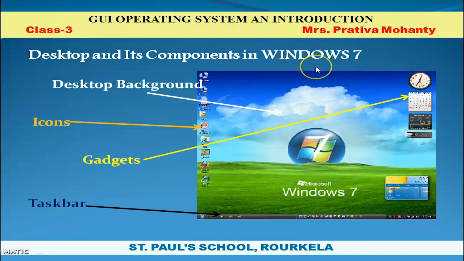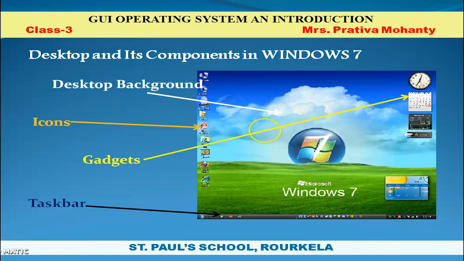That's why the name is given Windows. Now this window has different components. This is known as a desktop. What do you mean by desktop? When you load the operating system on your computer, the first screen which is displayed is known as a desktop.